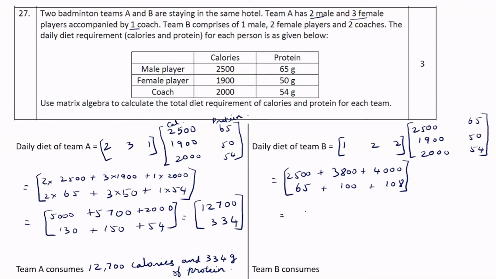When we add all these, the first row is 10,300 and the second row is 273. So team B consumes 10,300 calories and 273 grams of protein.